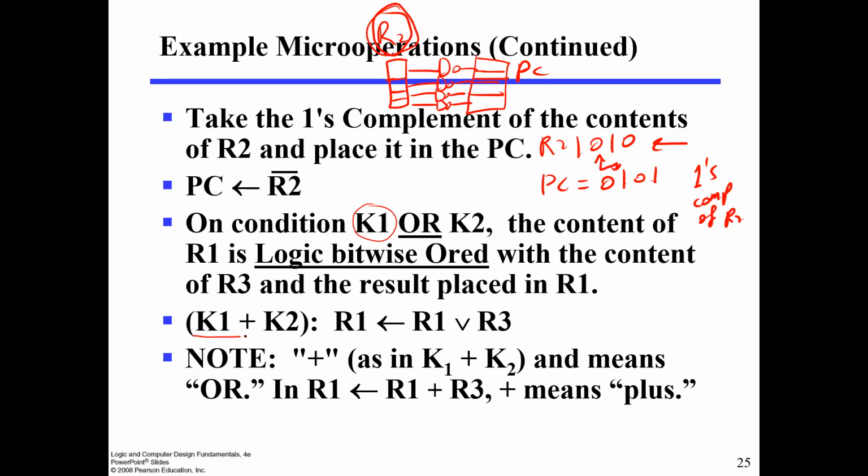So for example in this example, K1 or K2 colon R1 will take the value of R1 or R3. So first I need to evaluate K1 or K2. If this is 1, we will apply this operation, which is a logical operation AND. If this evaluates to 0, it means we will ignore this line.